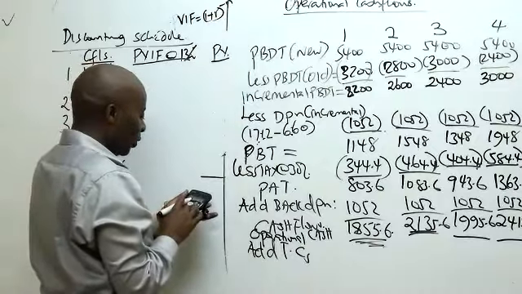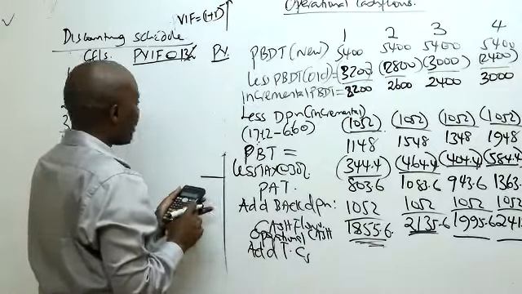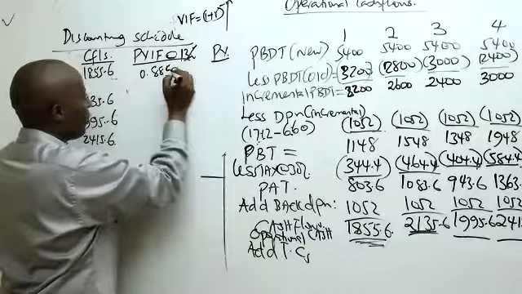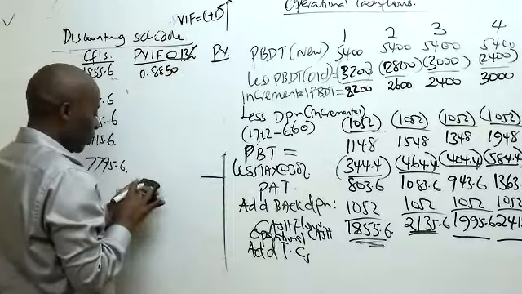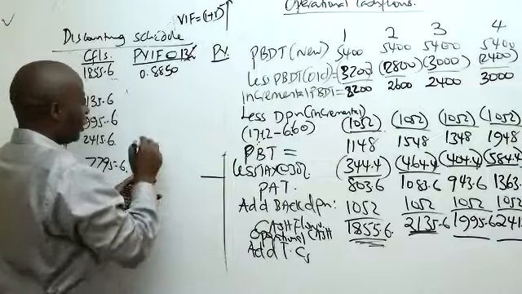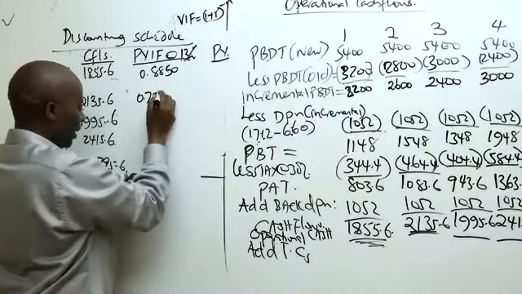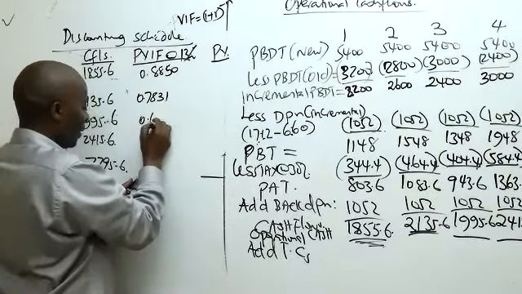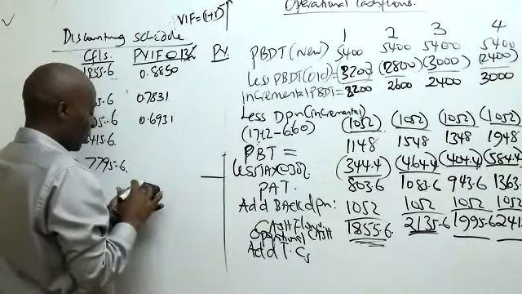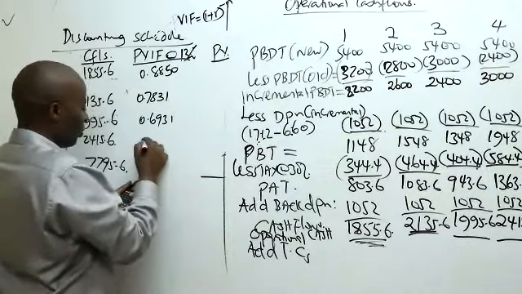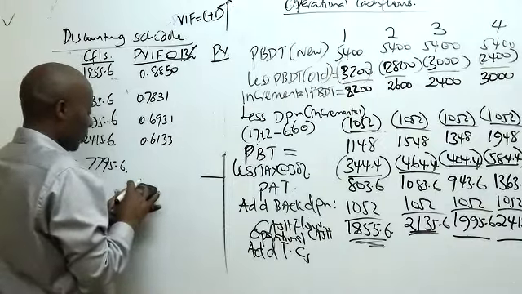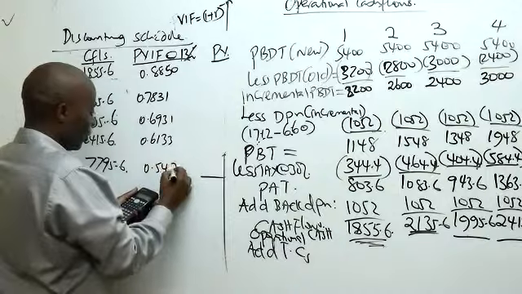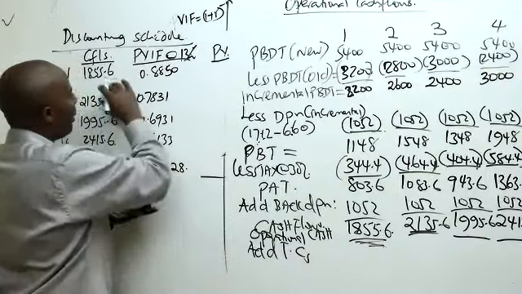So 1.13 raised to negative 1 gives us the first one, 0.8850. The second, raised to power 2, gives us 0.7831. Power 3 gives 0.6931, power 4 gives 0.6133, and power 5 gives 0.5428.